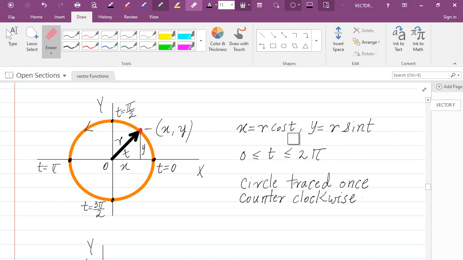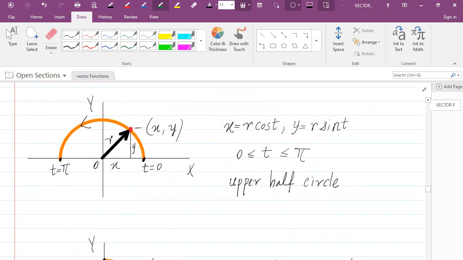And when t is pi, you get x to be negative r, y to be 0, so we are at this point. When t is 3 pi over 2, we are here, and when t is 2 pi, we're back to this point here. So we see that when t goes from 0 to 2 pi, this circle is traced counterclockwise exactly once.